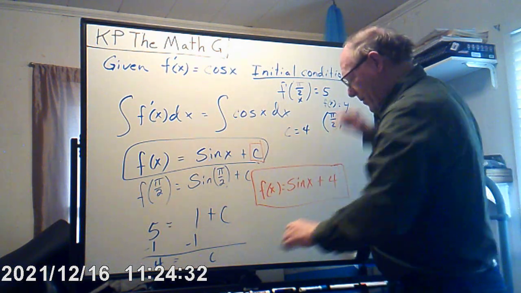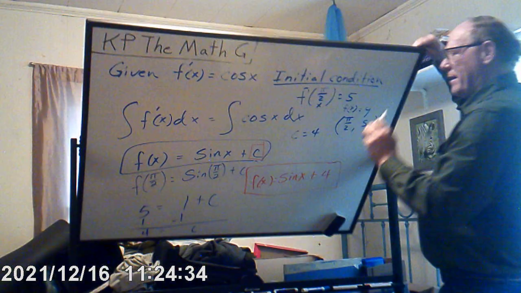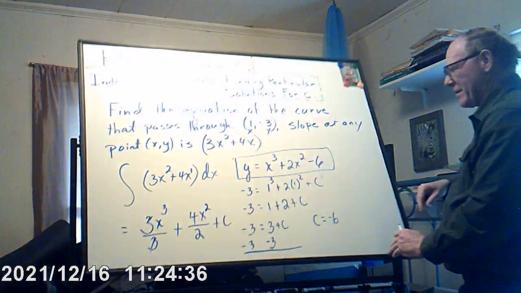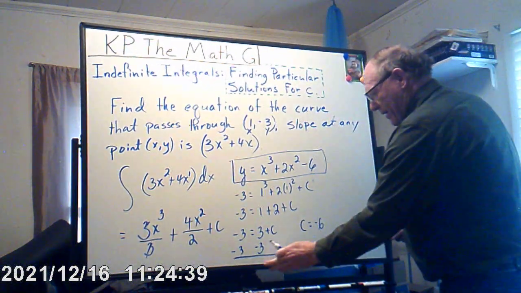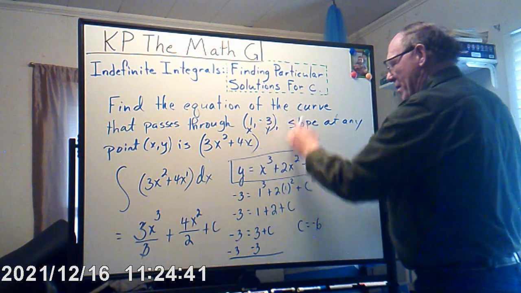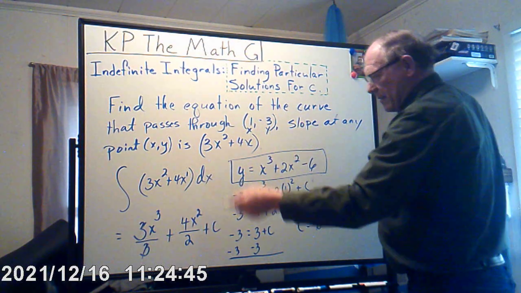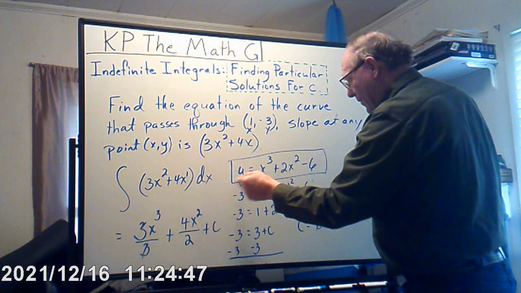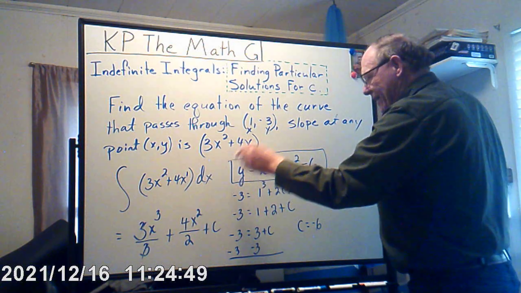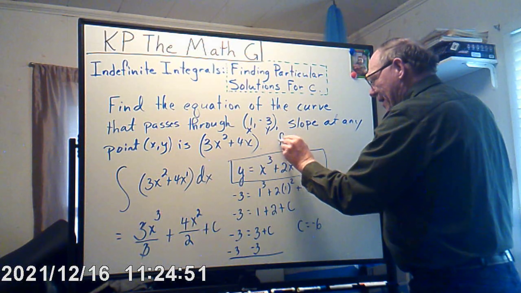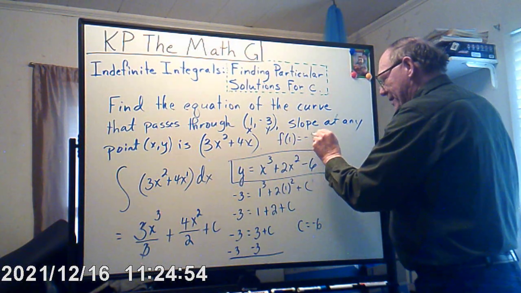On the flip side of this one, the initial condition could have looked like this. Instead of giving the point, the initial condition could have said f of 1 is equal to -3.